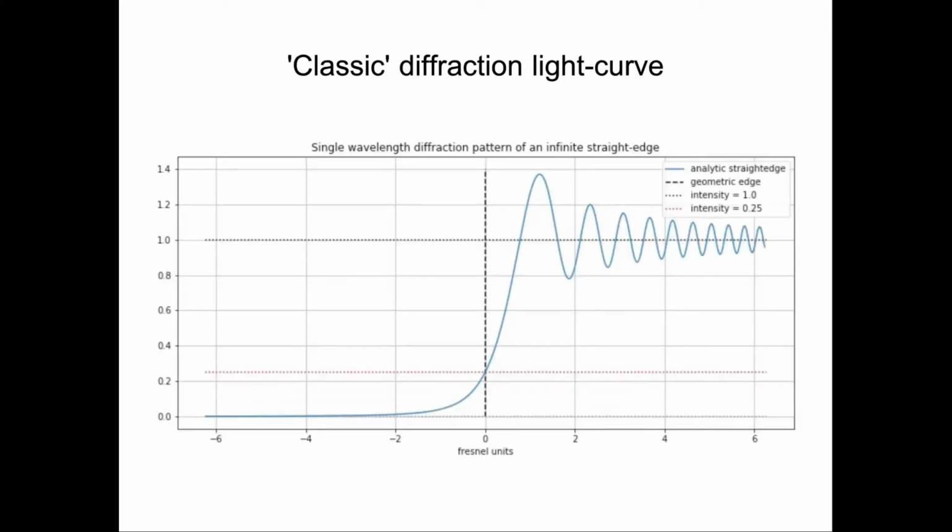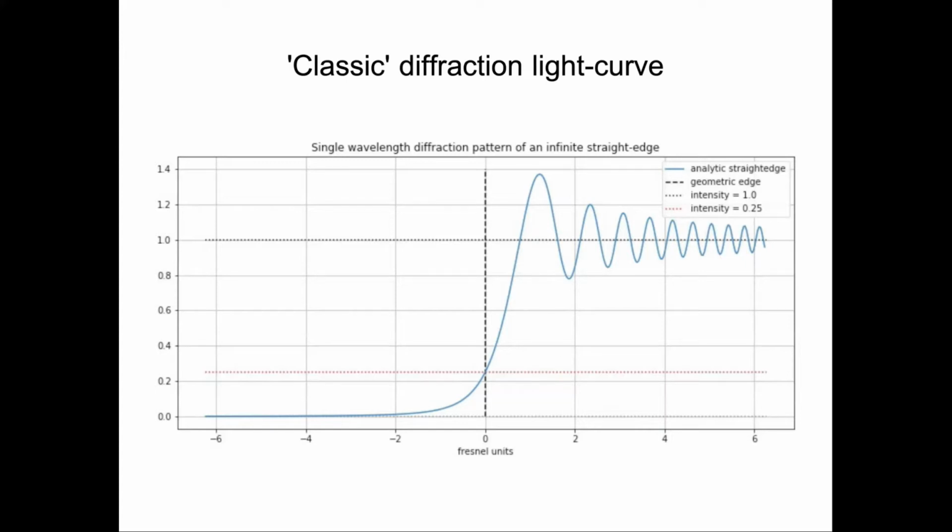Now, this is the classic light curve that I think many of you have seen. This is almost directly out of Raymond Dusser. I should point out a few things about this. The plot assumes that only light of a single wavelength is present, and it assumes that the star is a point source and that the asteroid can be represented by an infinite straight edge.